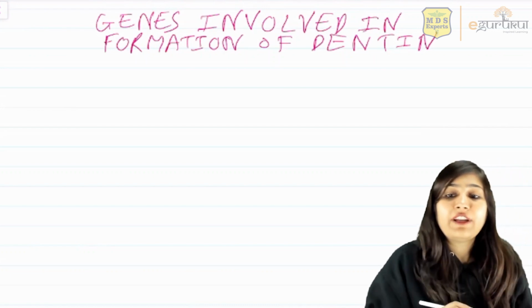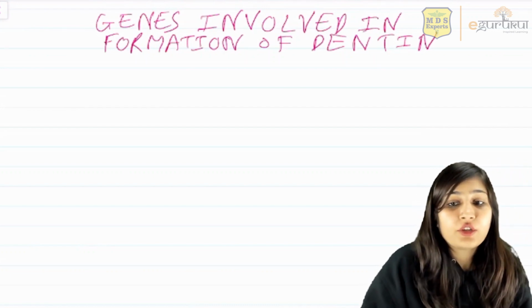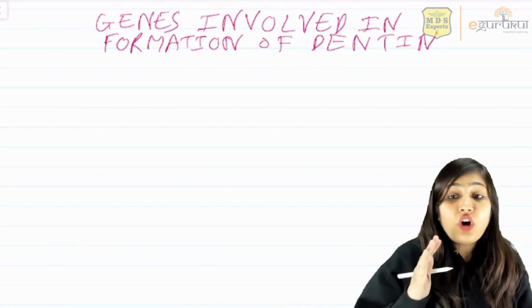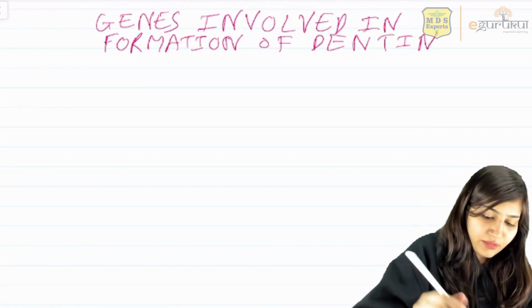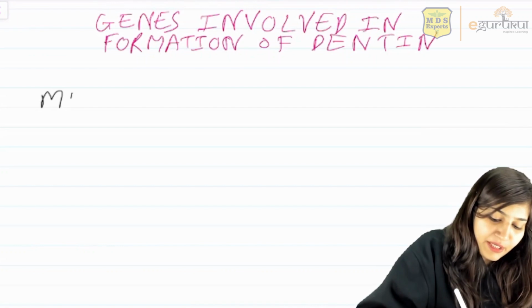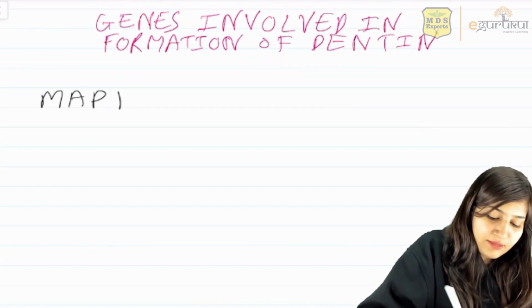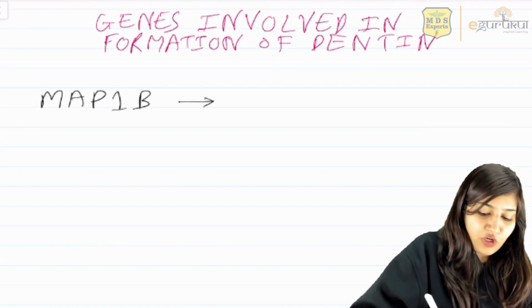In formation of dentin, odontoblast cells play an important role. So the first step will be odontoblast differentiation. So which gene will be involved? MAP1B. This gene is involved in odontoblast differentiation.